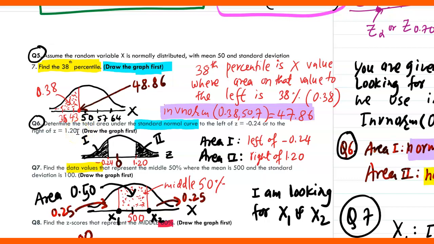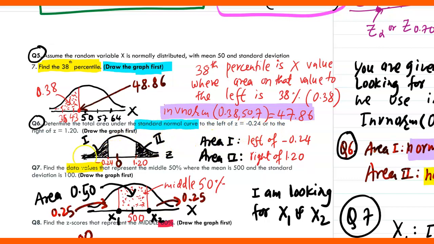If you have a question to find the area or whatever x or z value, always draw the graph first. This makes your life easier. Therefore, I always mention in the handout, draw the graph first. Then you can see which area you're looking for, right or left. Even if it tells you left of whatever and right of whatever in this question, if you draw the graph, it's going to be easier.